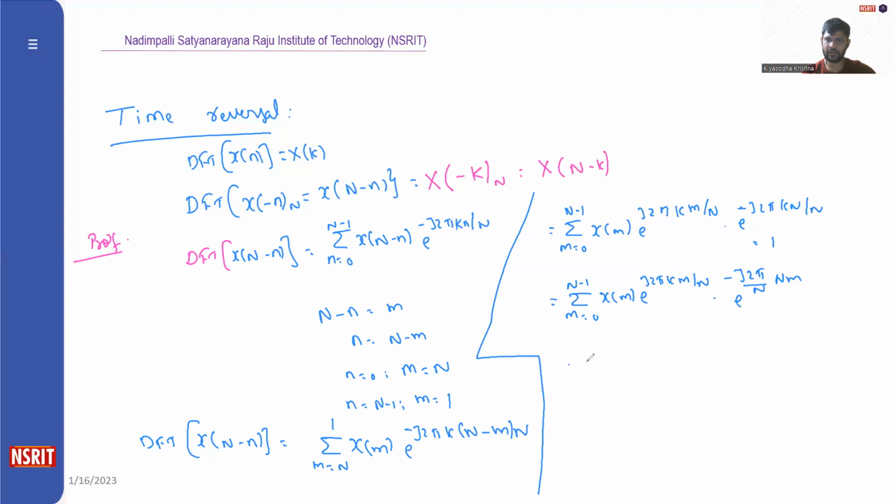So simply, I can write it as the summation m equal to 0 to N minus 1 of x of m, aggregating e to the power of j 2 pi by N times (n minus k) into m. So it is nothing but X of n minus k. So this term, we can write it as the property.